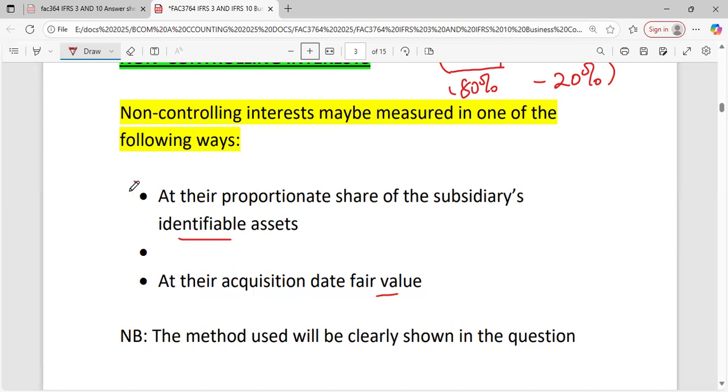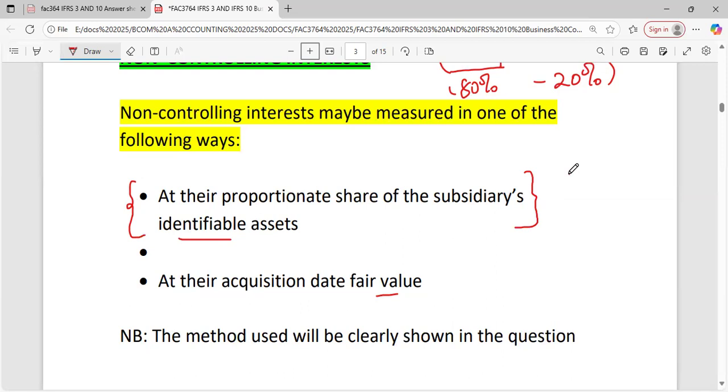If you look at our previous FAC, we're only using this one. They are measured at their proportionate share of the subsidiary's identifiable assets, which means you are now going to add all the assets for the subsidiary.